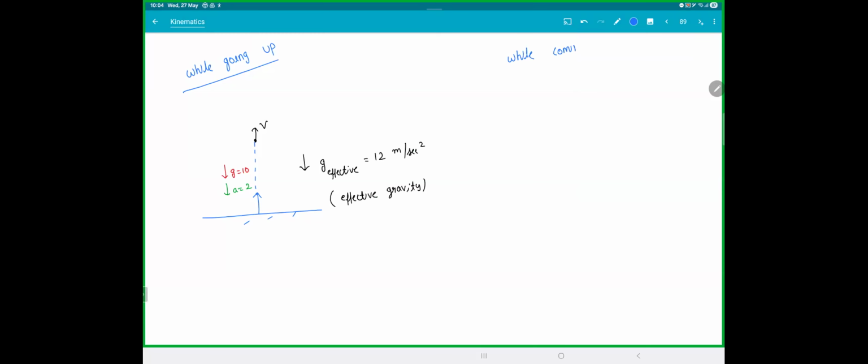Same thing while coming down. This is what happens with parachutes. You have already gone up and you took a turn and you're traveling down. Your gravity is still down. The gravity doesn't care how you go. But now your air resistance is opposite to velocity, that is 2. So now g effective will become 8.